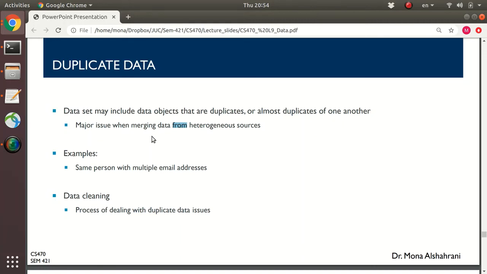This is one of the major issues that needs to be fixed before applying machine learning techniques. Also, using different units. For example, in one database, the units to represent distances could be miles, and another database could be kilometers.